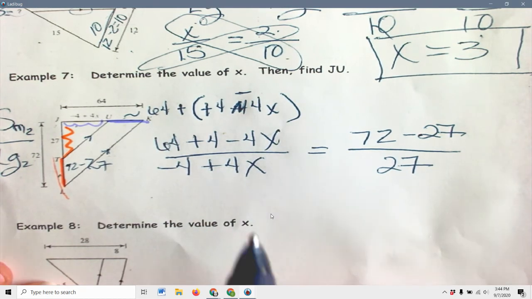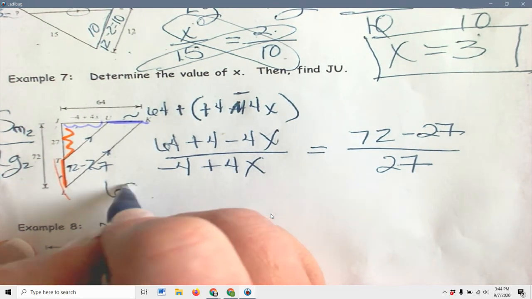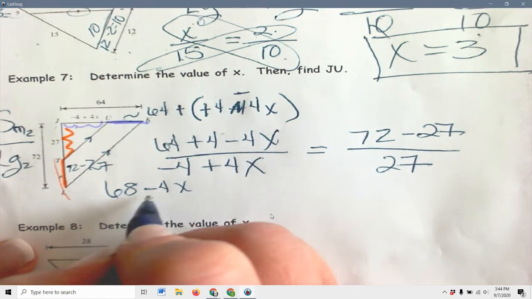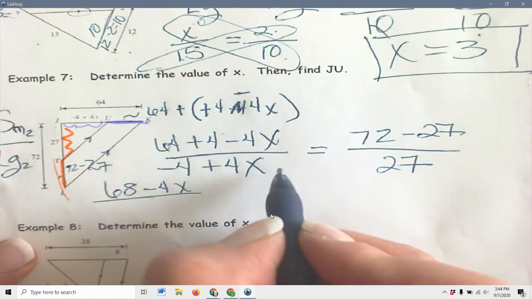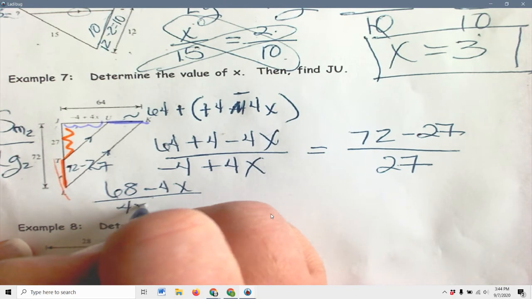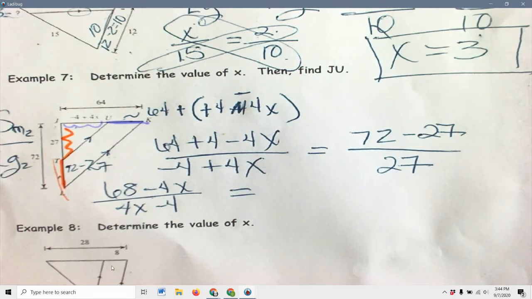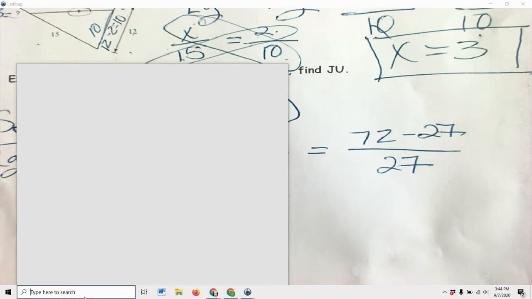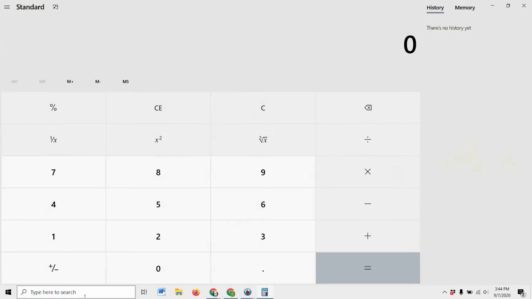So when we simplify this, we'll end up with 68 minus 4x over, and let's just swap sides here, 4x minus 4 equals, now when we do the arithmetic, I want you guys to go ahead and pull up your calculators and just plug that in.